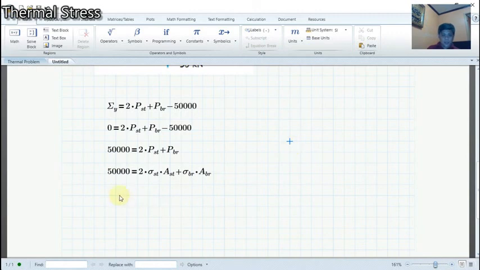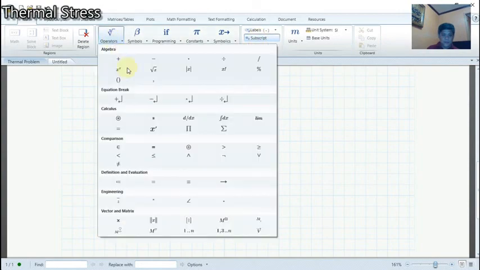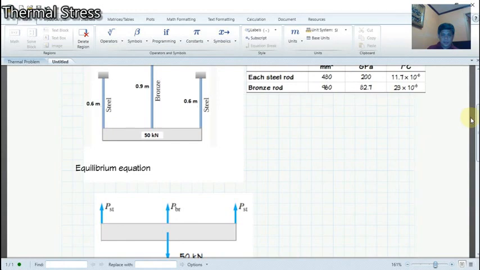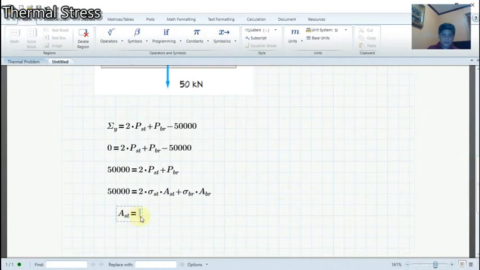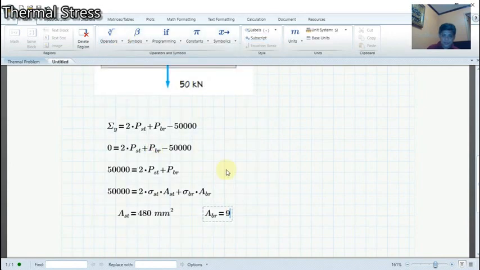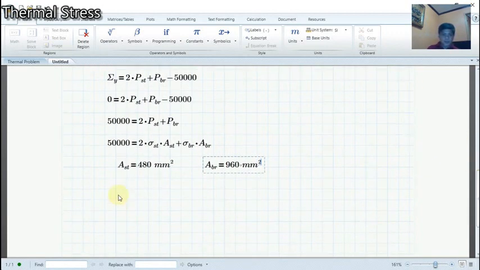And we know that our AST is equivalent to 480 square millimeters, and for the bronze, we have 960 square millimeters. So we need to substitute the value to the formula.